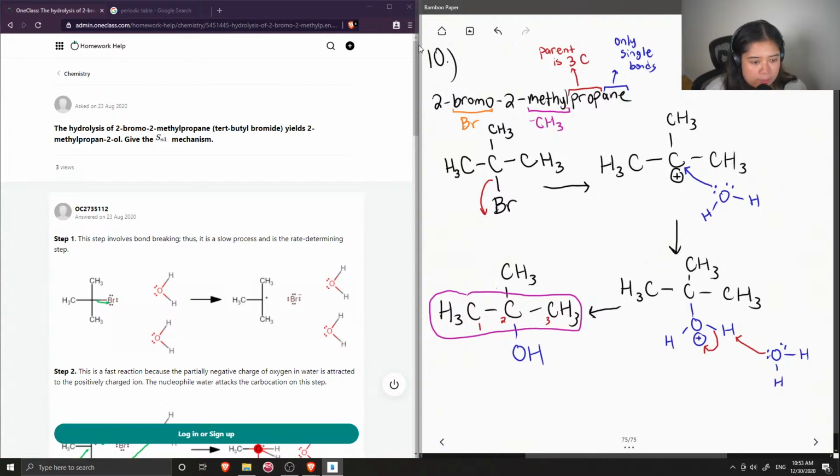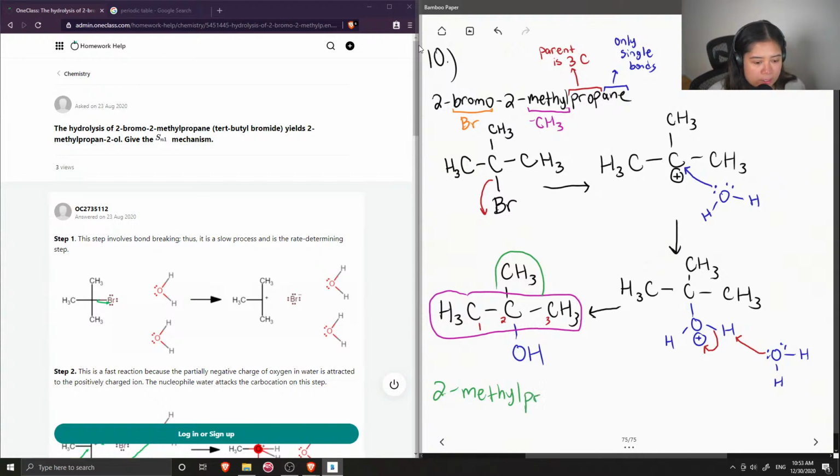On carbon 2, there's a methyl. So to name this, it would be 2-methyl. And then when we have an OH as our substituent, this is going to be put at the end of the word.